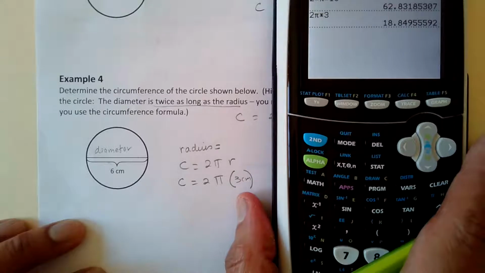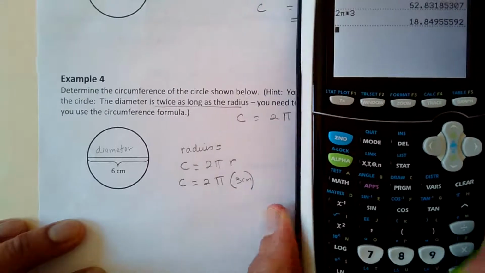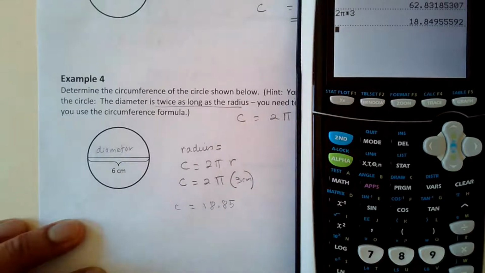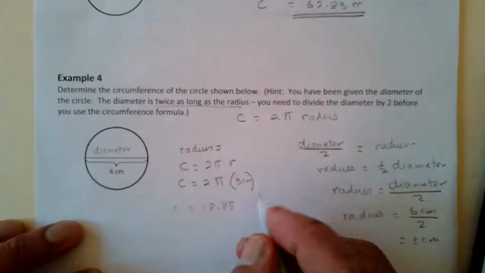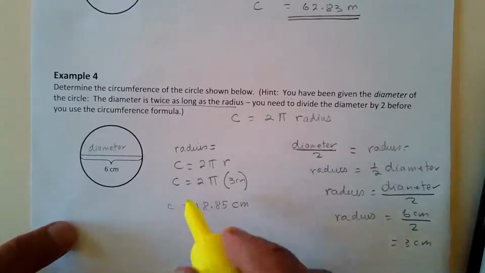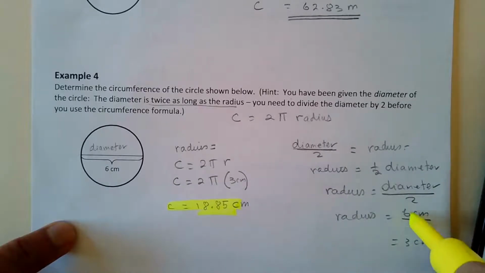So we have 18.85. So C is 18.85 centimeters. I'll just highlight this here.